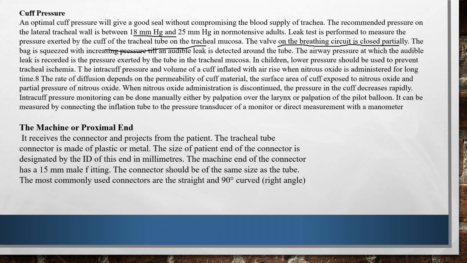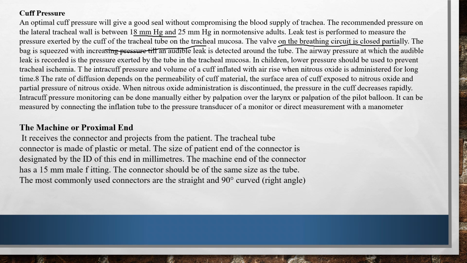What is said is that we can monitor the pressure by connecting the tube to the pressure transducer of the monitor, or we can directly measure it through a manometer. The ET tube has a machine end, or proximal end, that is 15 millimeter.